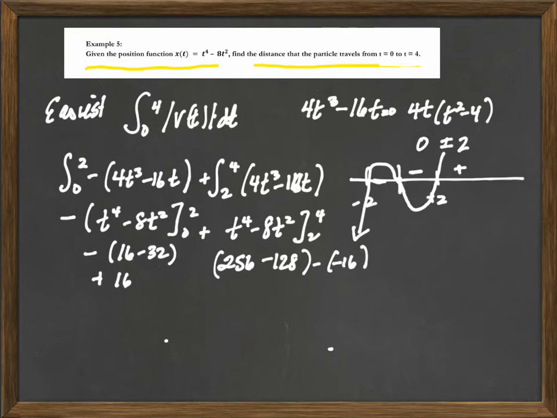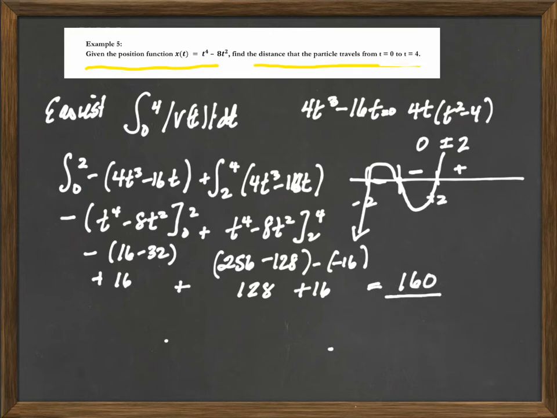So you get 128 plus 16. So this is altogether 128, and this is plus 16. So if you add that all together, you get 160.